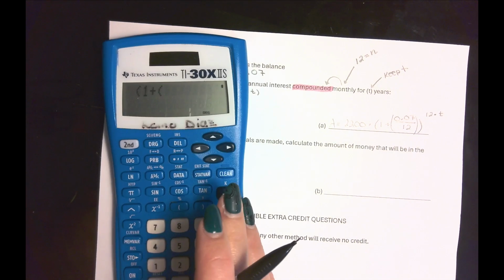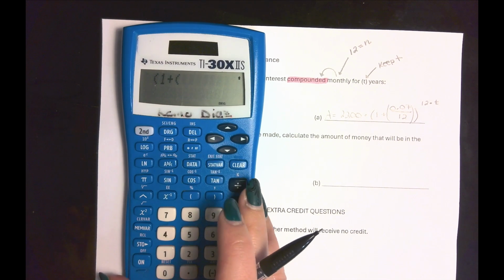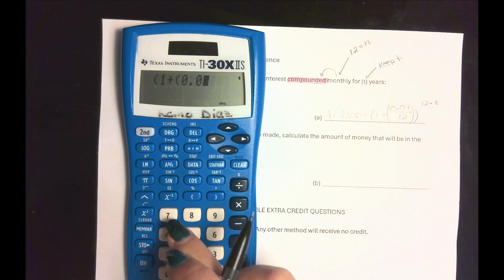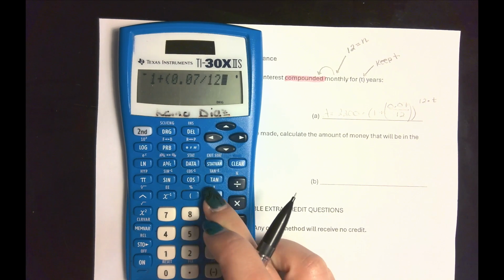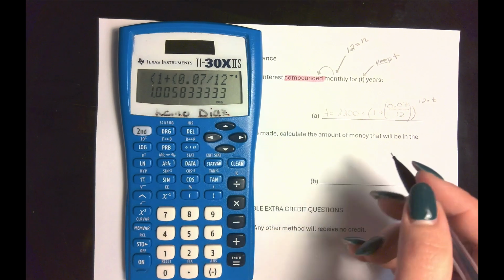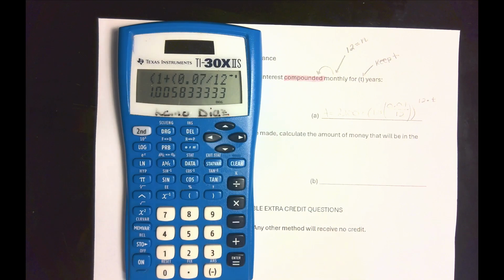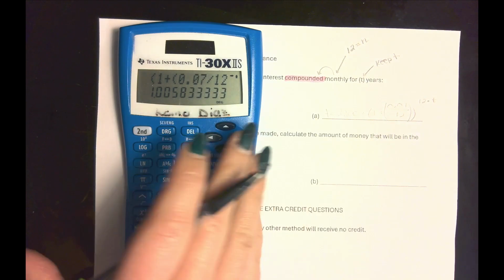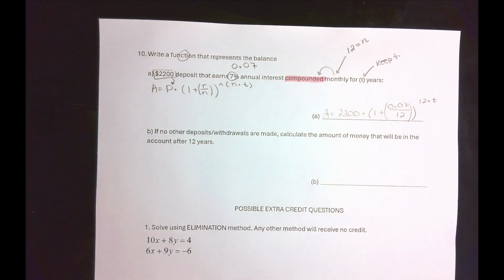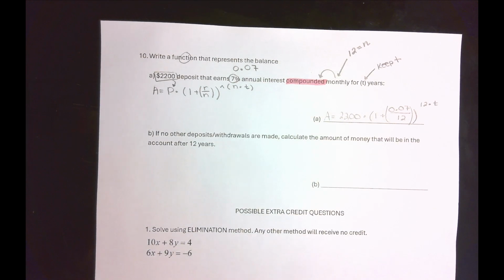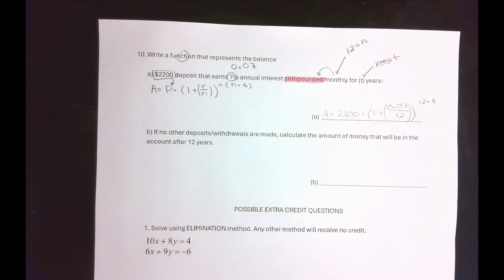Double parentheses here, so watch what I do, please. So I have 1 plus 0.07 divided by 12, close it, close it. Technically, we want to write this, but it's a decimal, so I would prefer you to keep it the way that it is. Don't type anything in, type it in after we actually want to calculate.